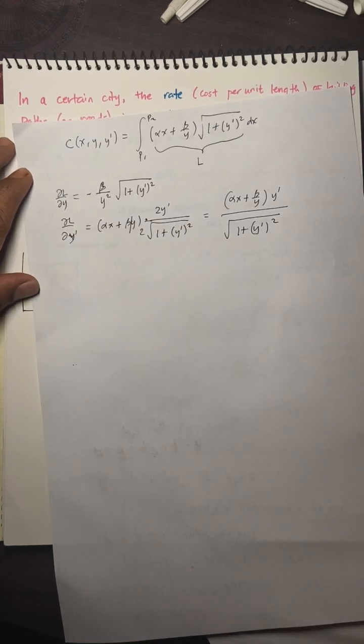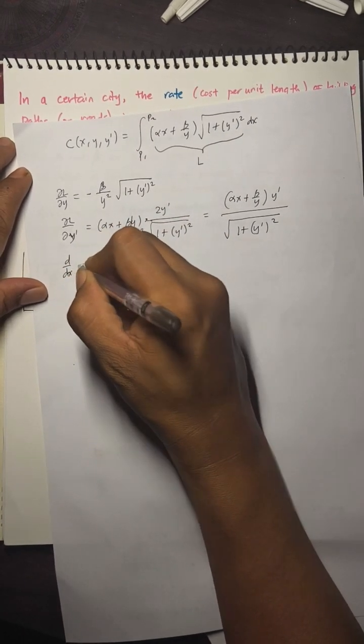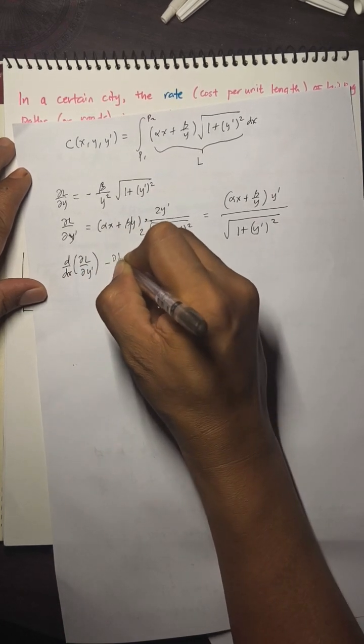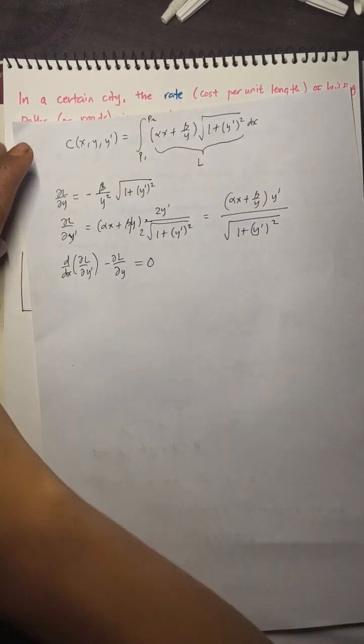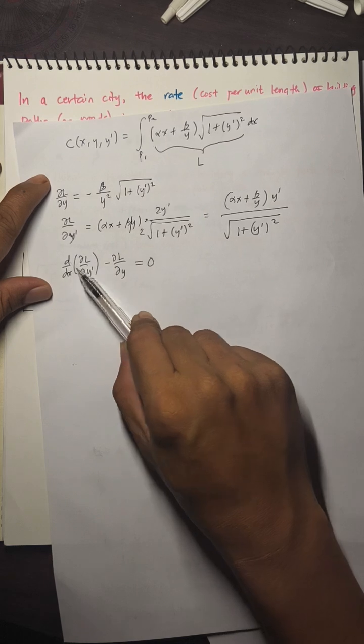Now, we're ready to find the Euler-Lagrange equation. We'll use this form: d over dx of partial L over partial y prime minus partial L over partial y equals 0. I will no longer evaluate this d over dx.